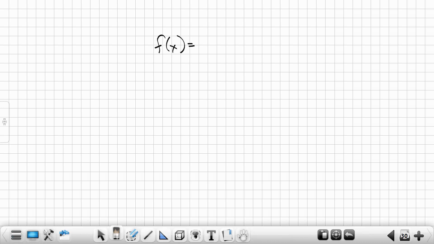If I say f of x equals 7x cubed minus 9x squared plus 3x minus 4, back in the day I might have said, what is f of 4? What does f of 4 mean? For every x, you write a 4.